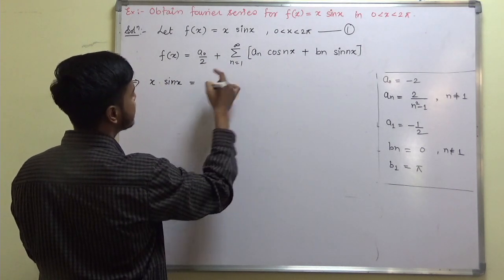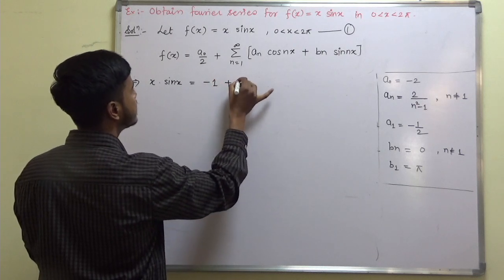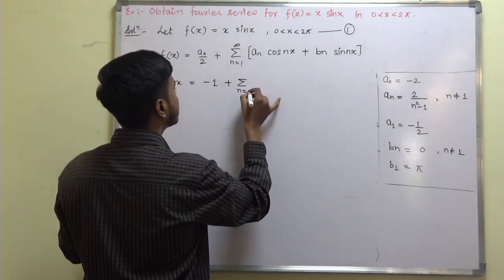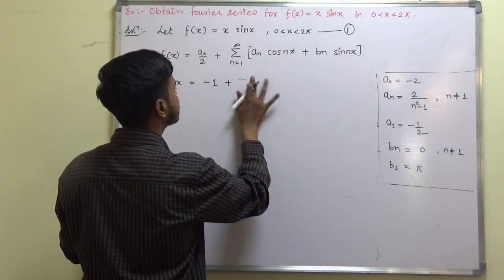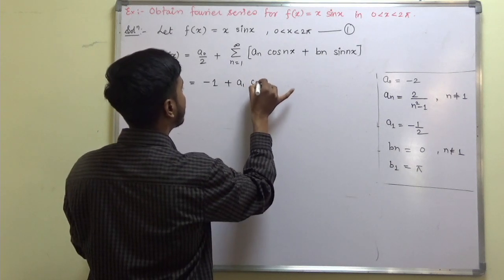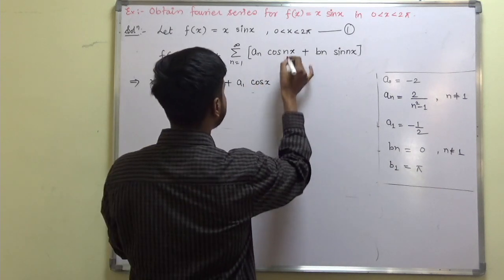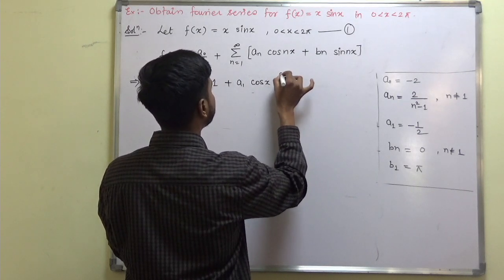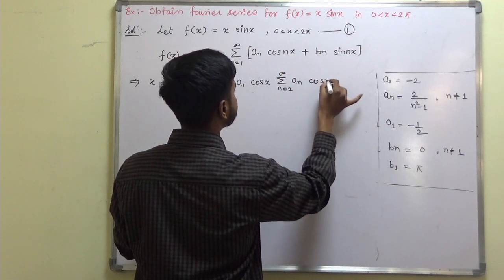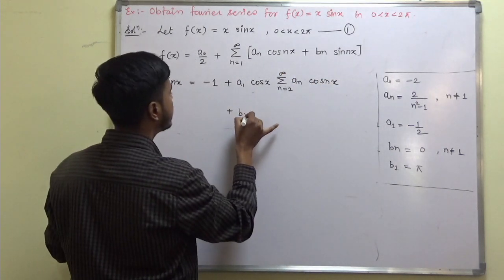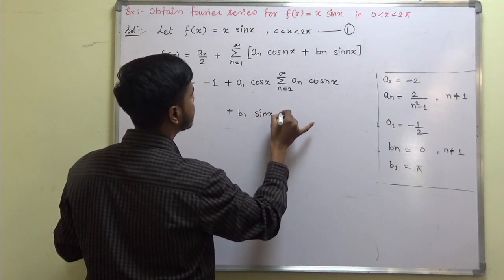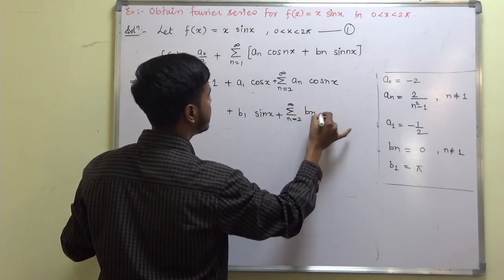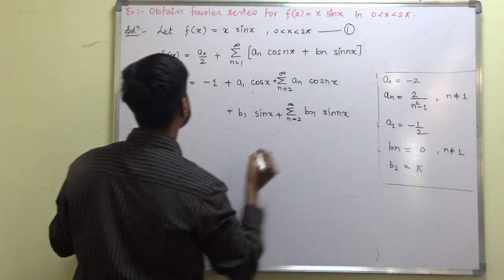Minus 2. So minus 2 by 2 is minus 1, plus a1 cos x, and then summation n is equal to 2 to infinity an cos nx plus b1 into sin x plus summation n is equal to 2 to infinity bn sin nx.